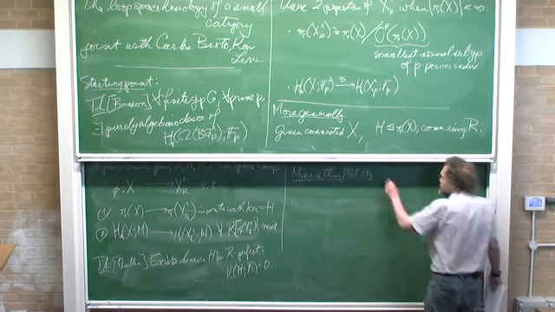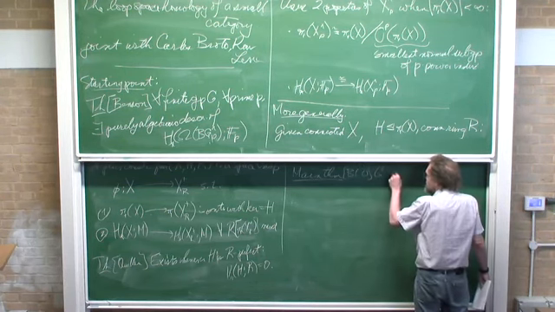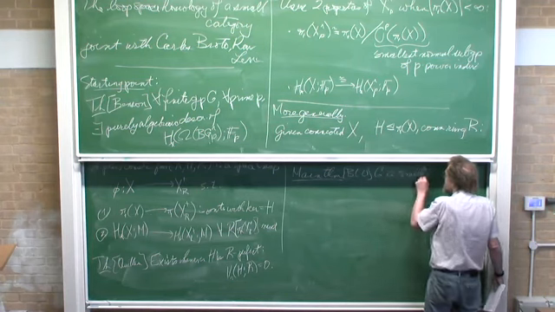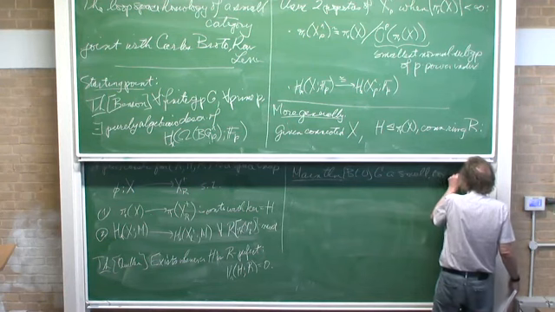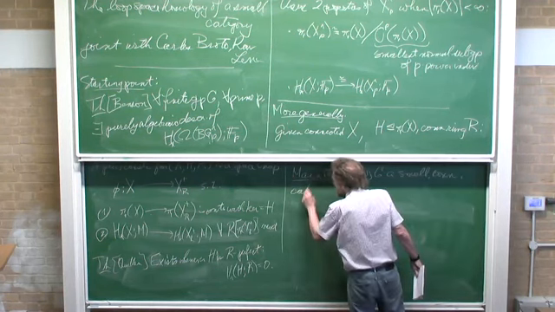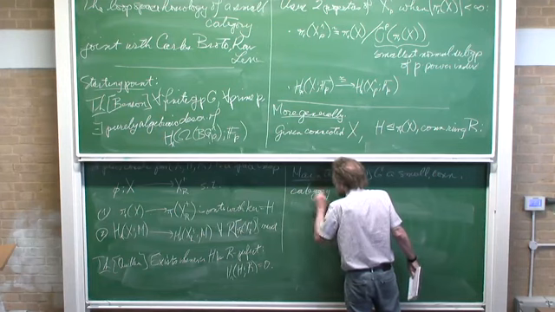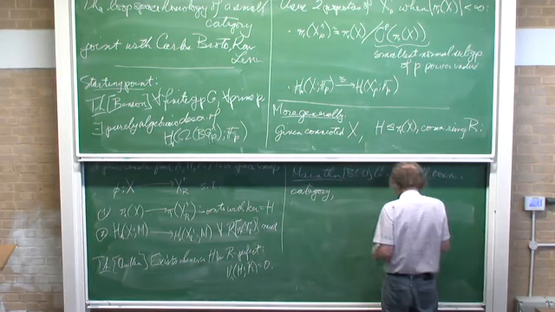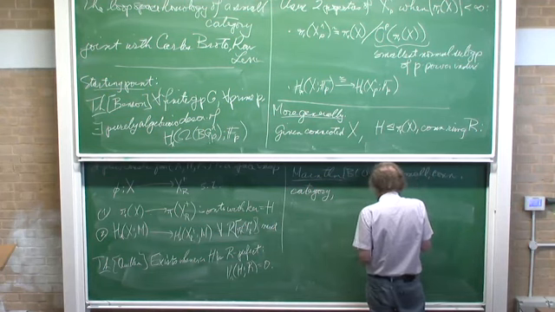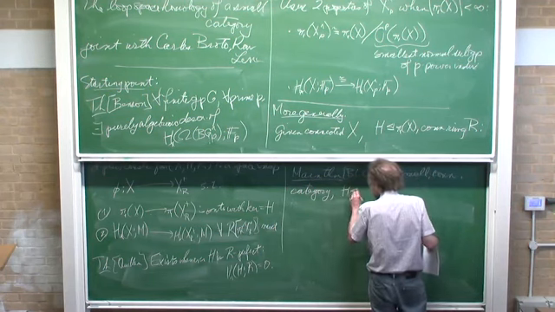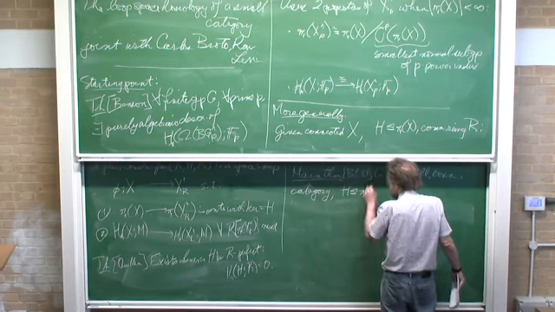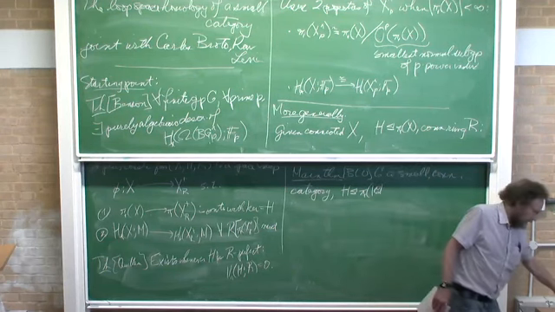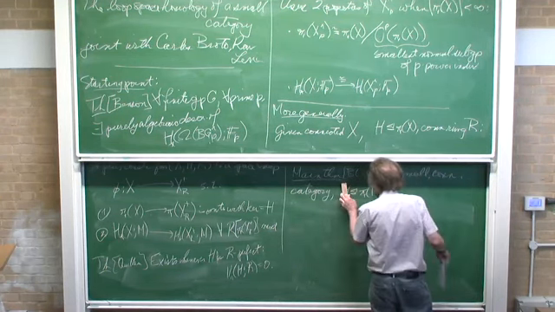So now let C be a small connected category, and R a commutative ring.